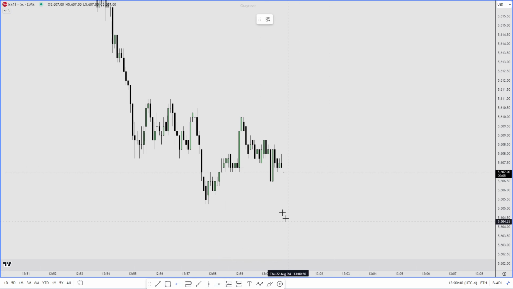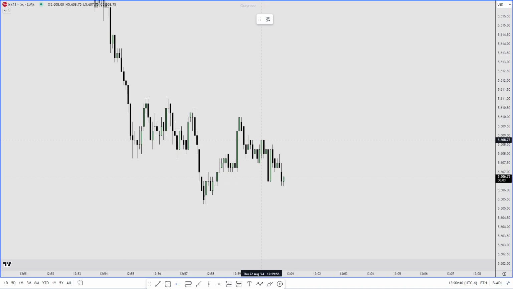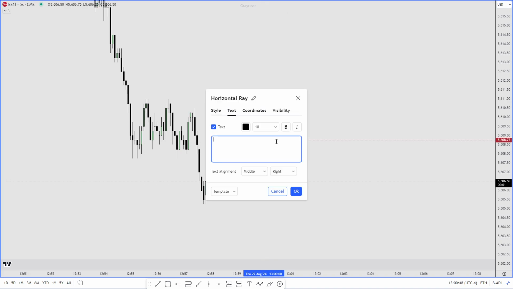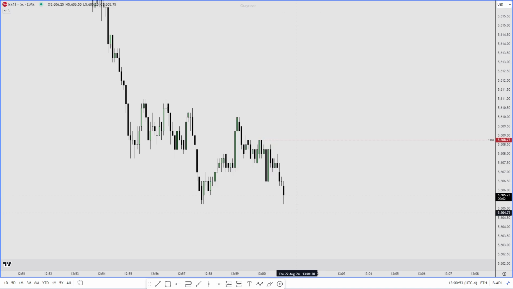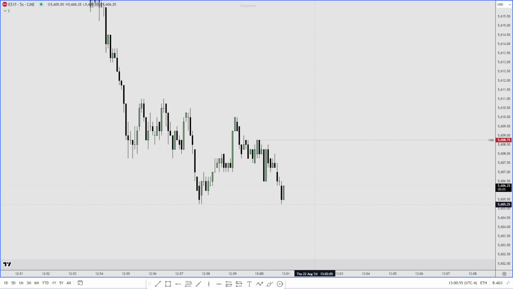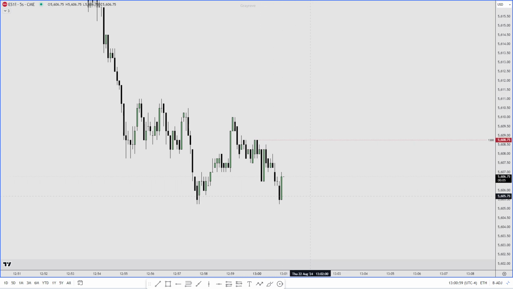Right now we are at the 1 o'clock open hourly candle, as well as the 30 minutes candle. We don't have a wick yet, so I would like to see one.